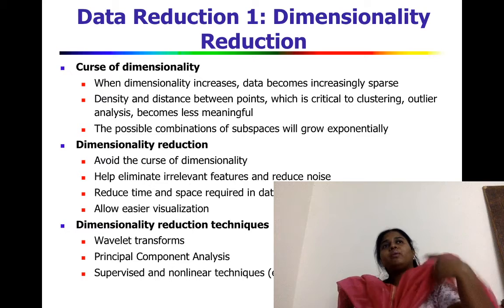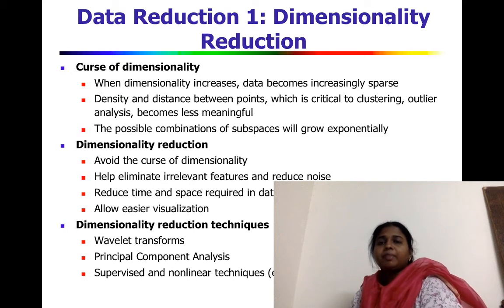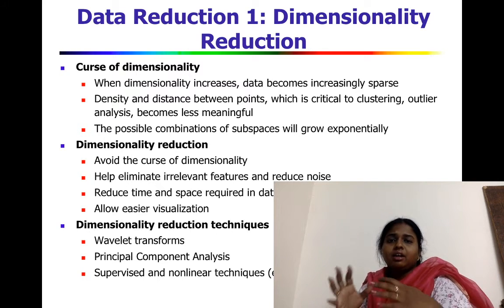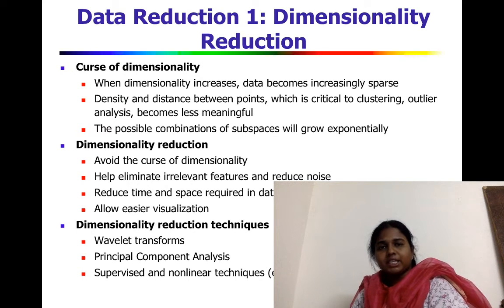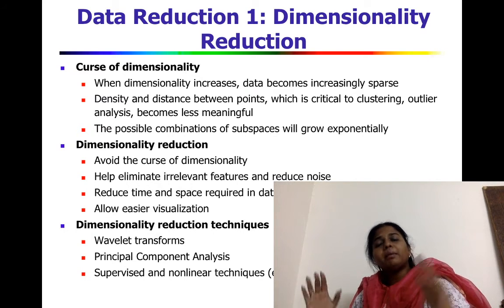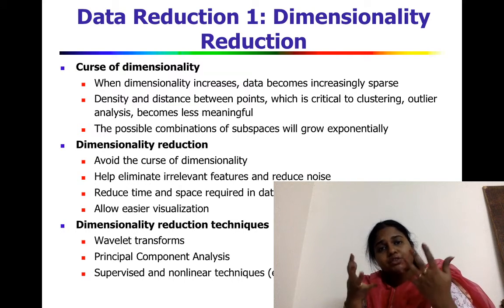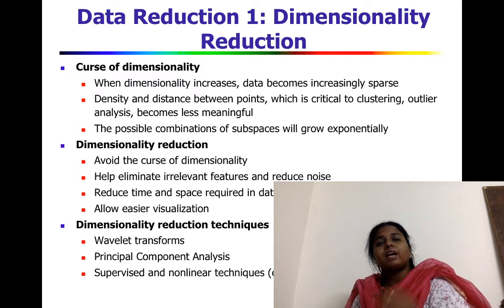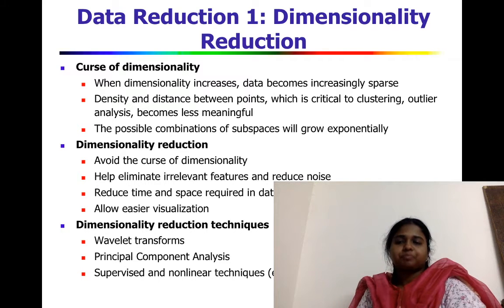Now, every time I try to identify a pattern, I try to do that by doing some permutation and combination of the database that is in hand. So if my dimensionality is large, then the permutations and combinations for that particular dimension increase exponentially. So it becomes very, very tough as you add different dimensions to your database.